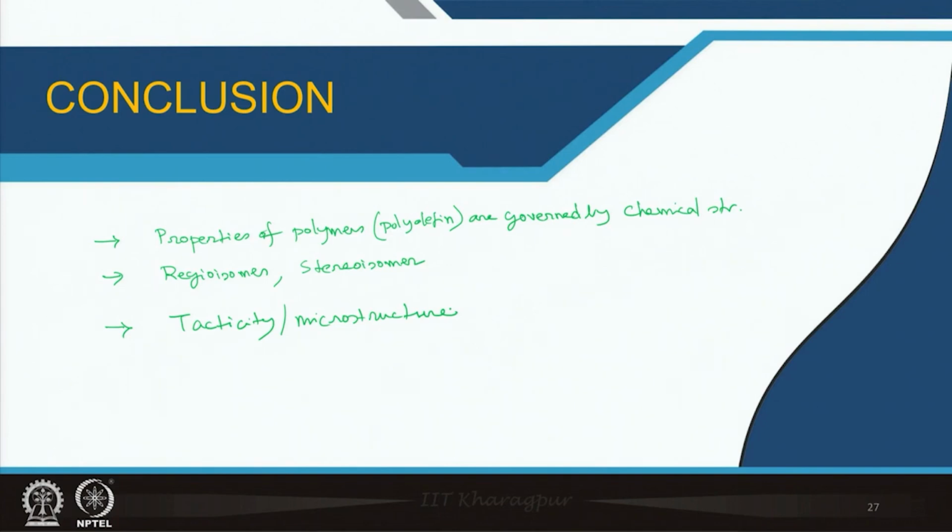So, why is it important? Because if you target applications, you have to know about the properties of the polymers, and you have to know how to engineer the polymer backbone.